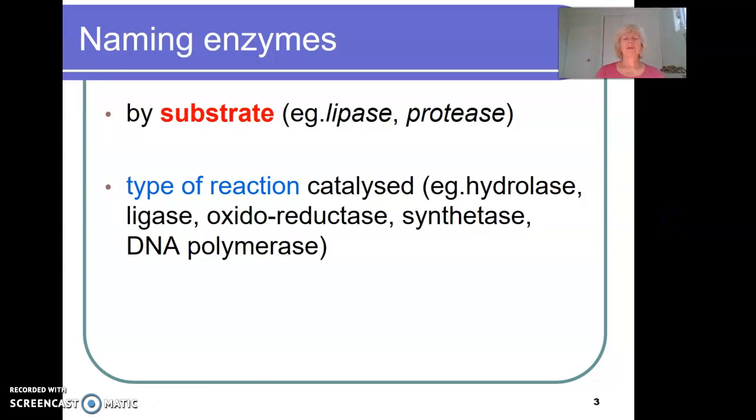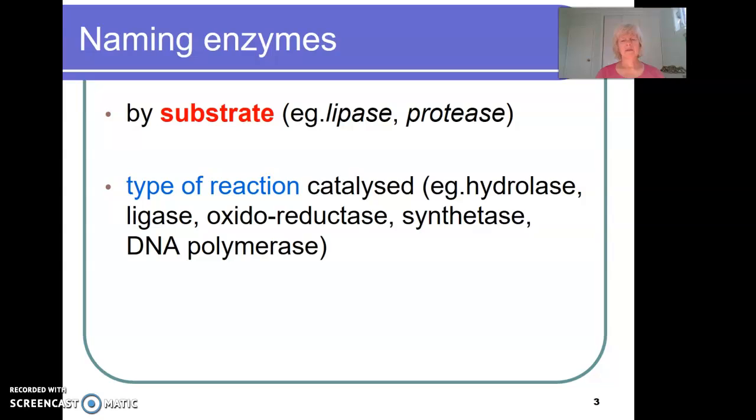Enzymes are named either by their substrate or by the type of reaction that they're catalyzing, and they always end in -ase. So as soon as you read anything with -ase, you know that this is an enzyme. For example, a lipase is breaking down lipids, and lipids are fats and oils, and protease is breaking down proteins.